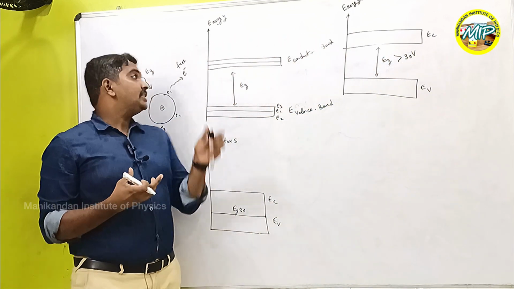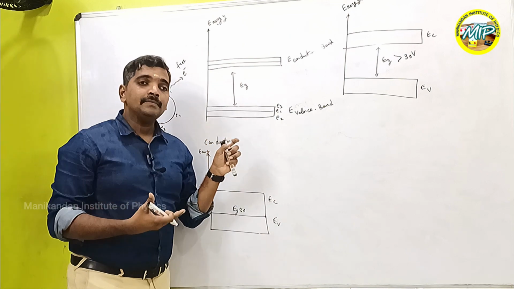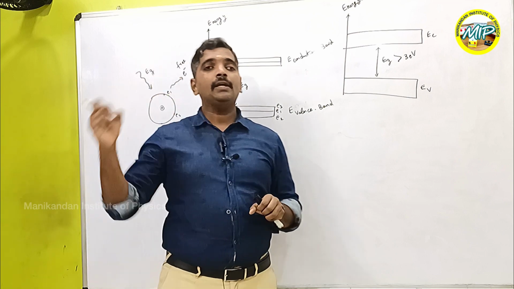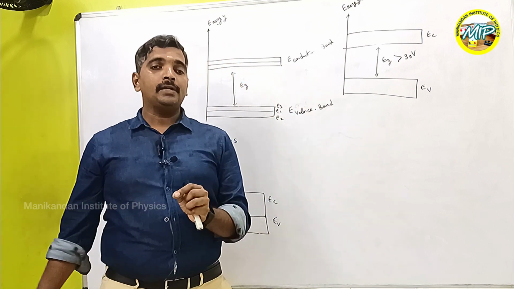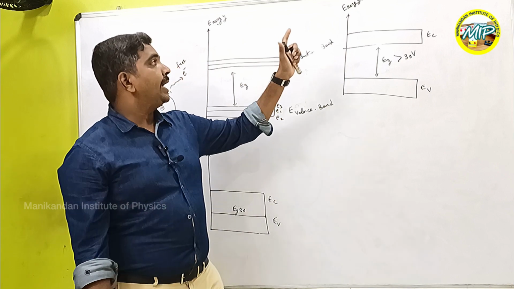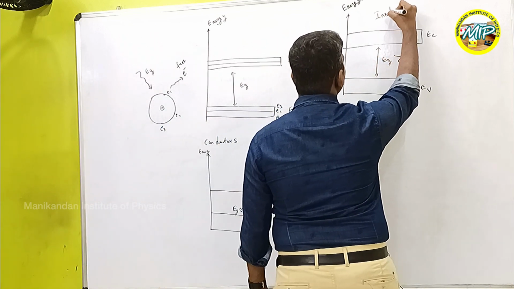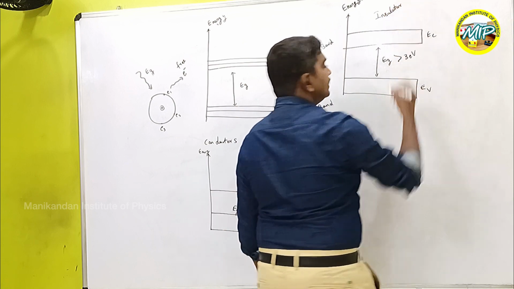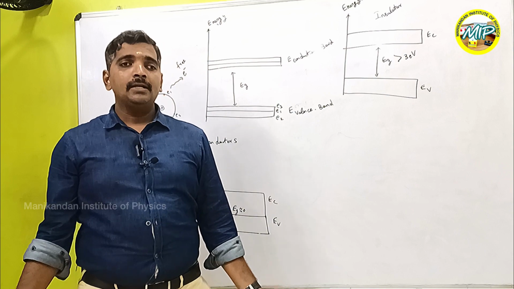The amount of energy we are giving to the system to remove the electrons from valence to the conduction band is greater than 3 electron volt. Then it's said to be an insulator.